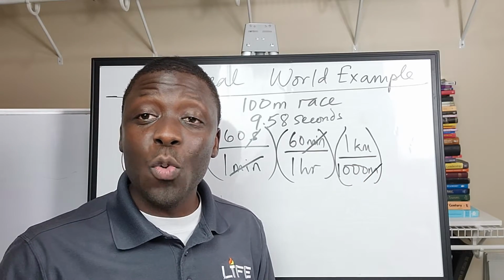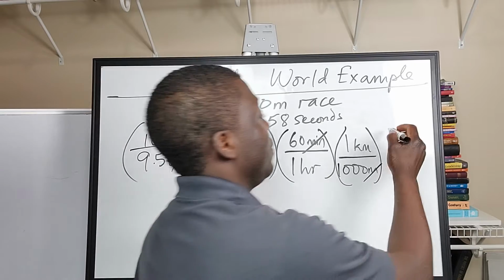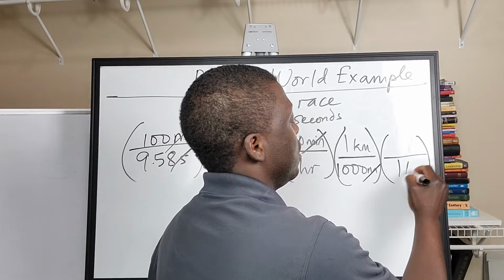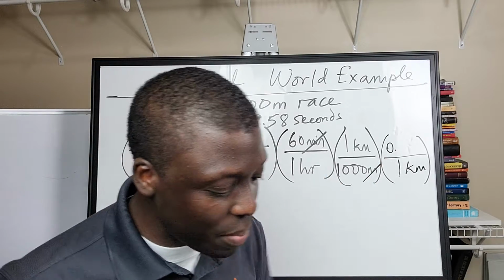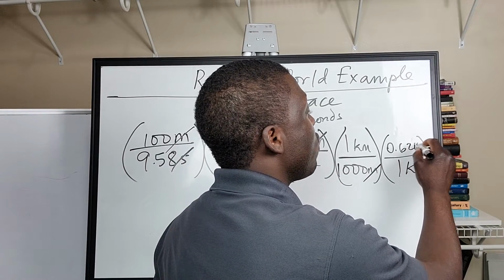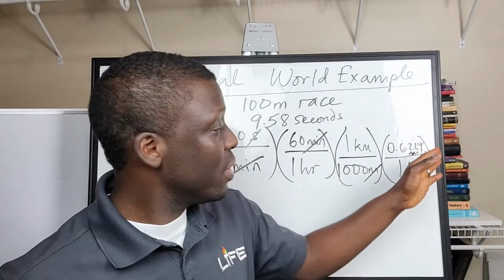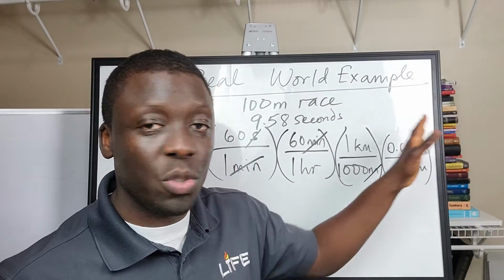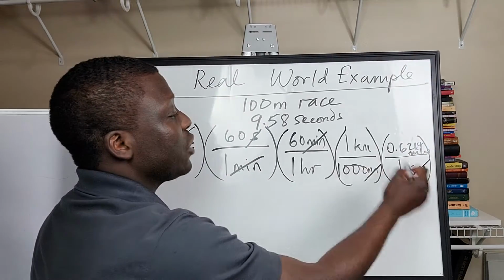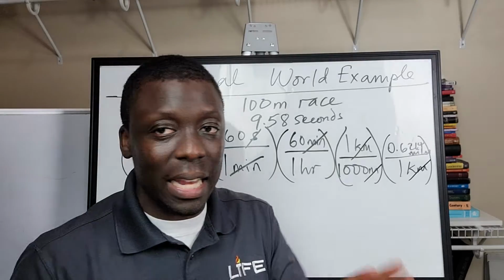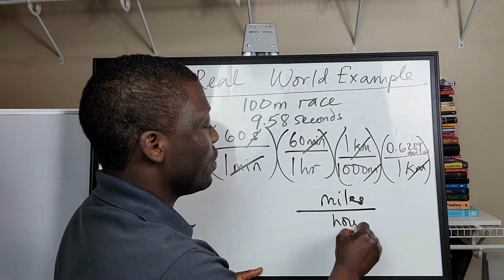And then how about we do one more step and change the relationship between the kilometer and a mile? So now, what is the relationship between a kilometer and a mile? 0.6214 miles. The relationship is 1 kilometer is to 0.6214 miles. If you look at this relationship now, the only unit that is left is miles per hour.